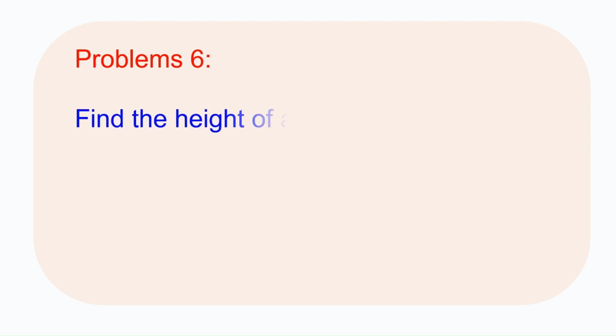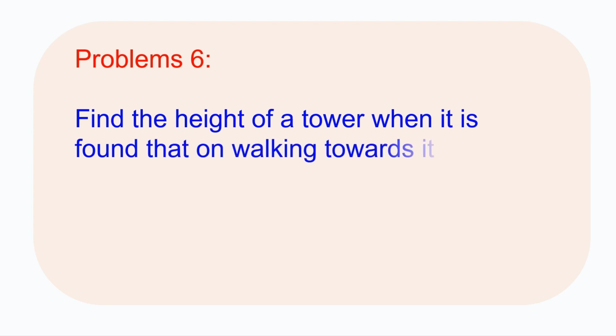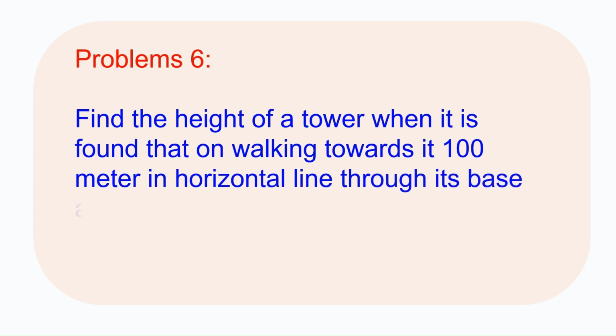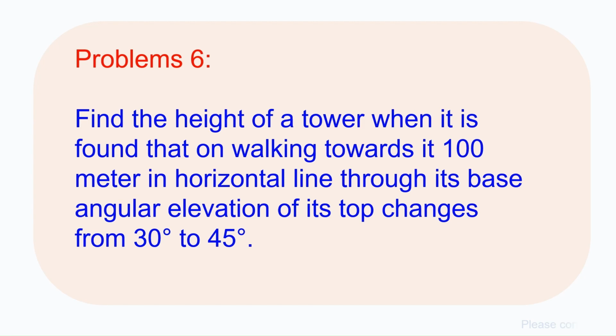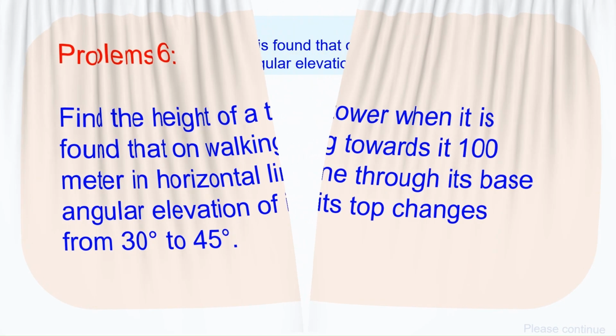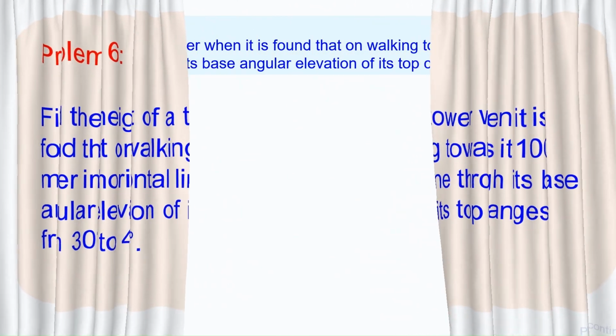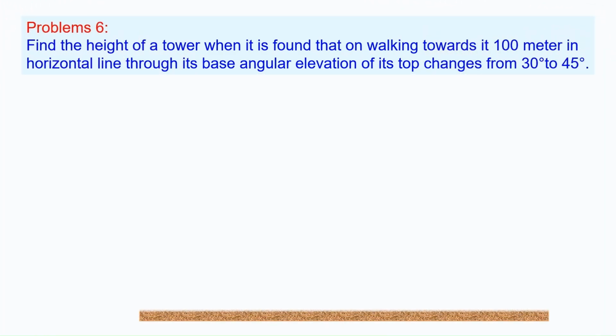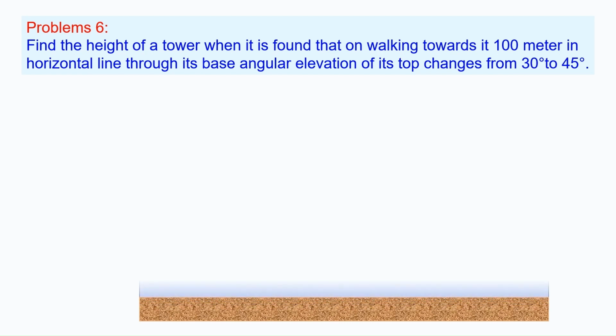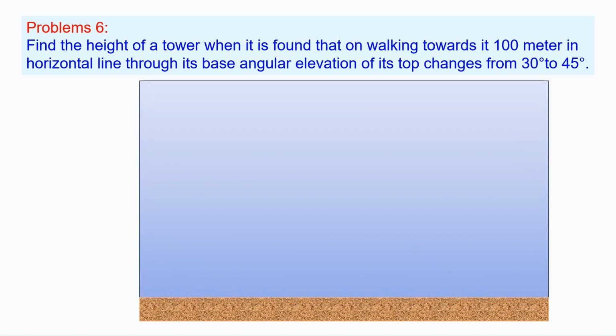Problem number 6. Find the height of a tower, when it is found that on walking towards it 100 meters in a horizontal line through its base, the angular elevation of its top changes from 30 degrees to 45 degrees. Now imagine the scenario on the ground, and then draw a line diagram of an equivalent right-angled triangle to represent this situation.